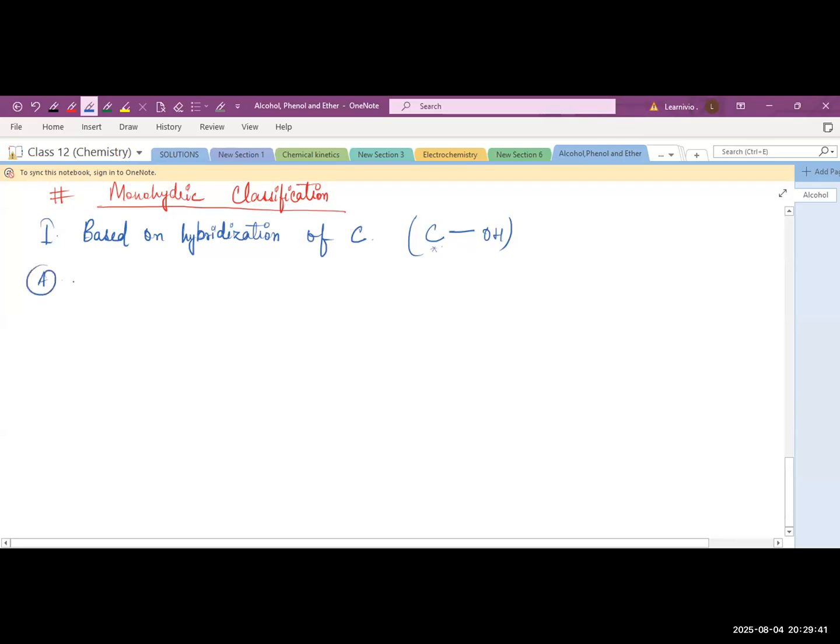The first one is the compound containing the OH group which is attached to sp3 hybridized carbon. This type of bond.